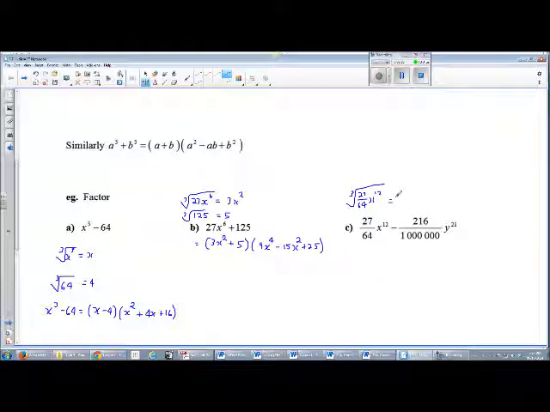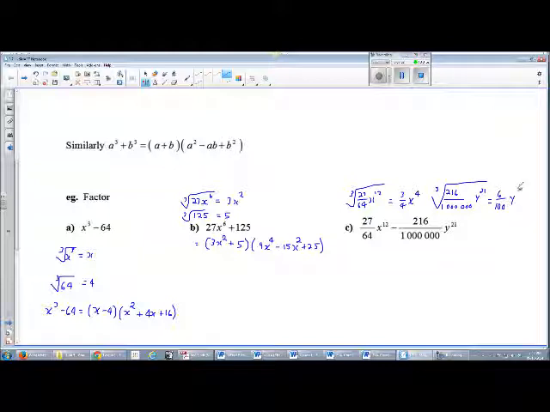Cube root of 27, cube root of 64, cube root of x to the power 12, 3 over 4 x to the power 4, and then the cube root of 216 divided by 1,000,000 y to the power 21 equals 6 over 100 y to the power 7.